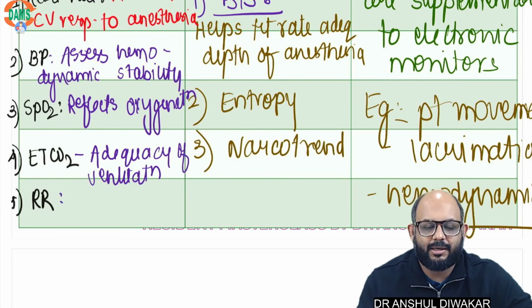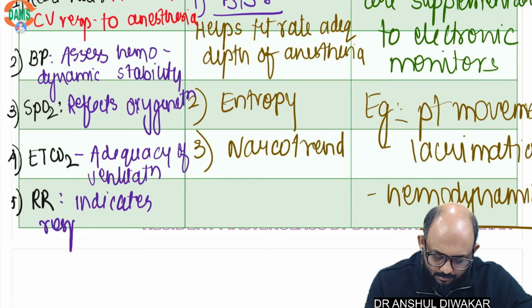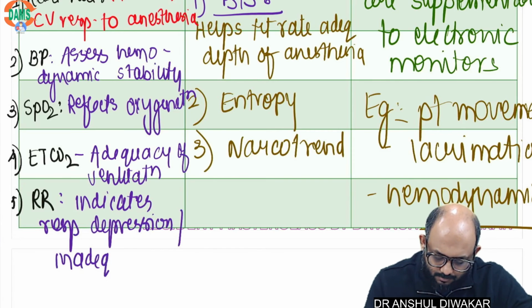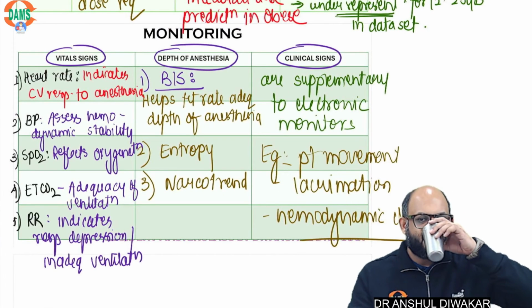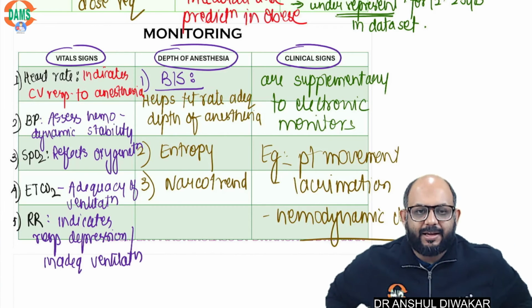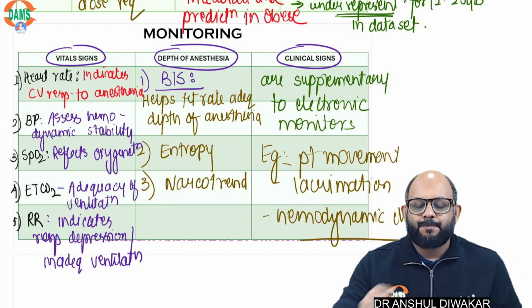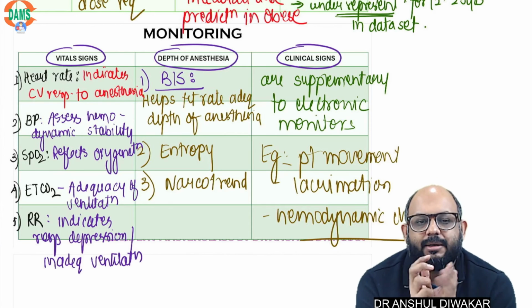Adequacy of ventilation by EtCO2. And respiratory rate indicates respiratory depression or inadequate ventilation. ठीक है? So this is how you monitor using TIVA.